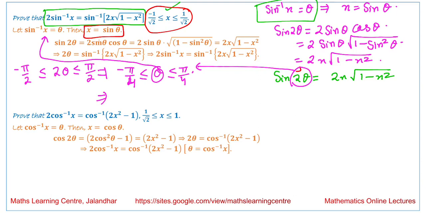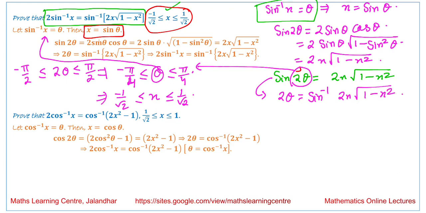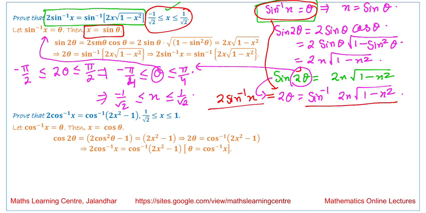So x is equal to sine of theta, and the values of x that we can have are from minus 1 by root 2 to 1 by root 2. So from this we get that 2 theta is equal to sine inverse of 2x square root of 1 minus x square. Now in place of theta, we can write sine inverse of x. So 2 sine inverse x is equal to sine inverse of 2x into square root of 1 minus x square.